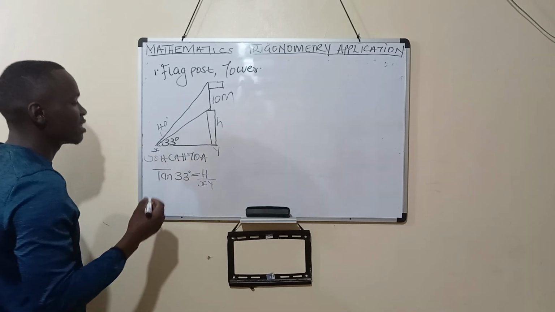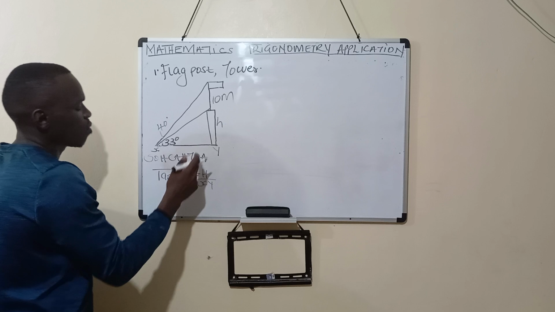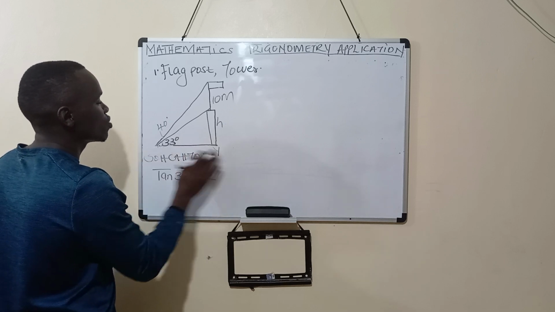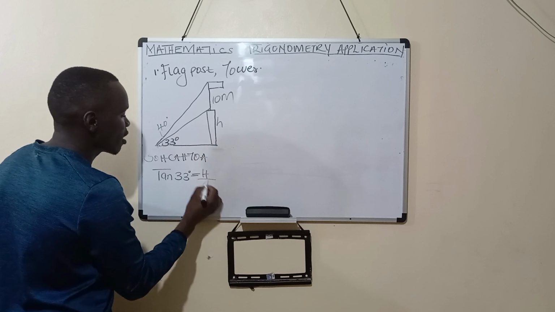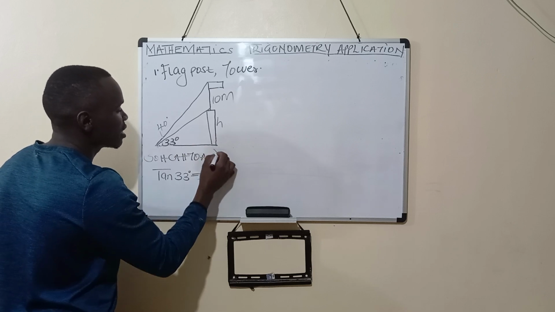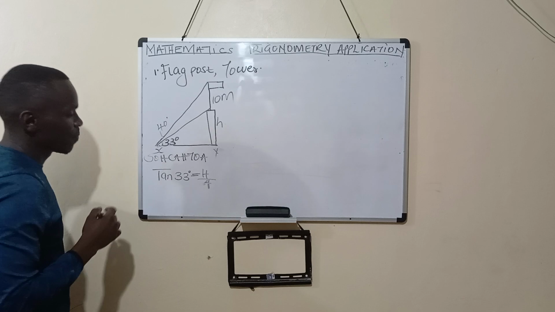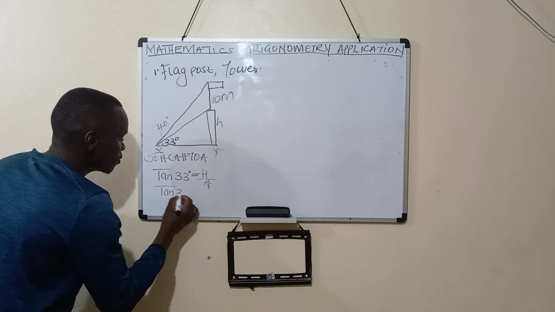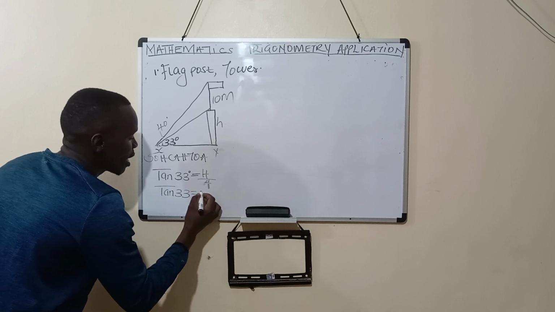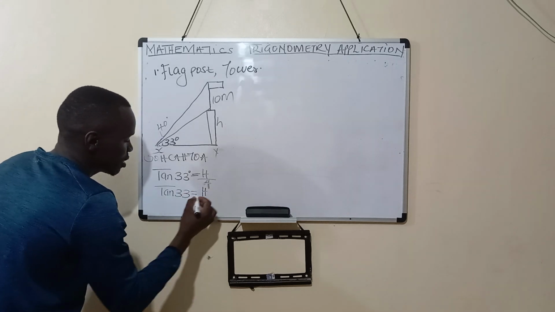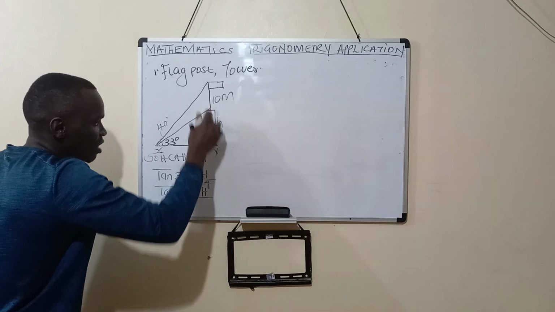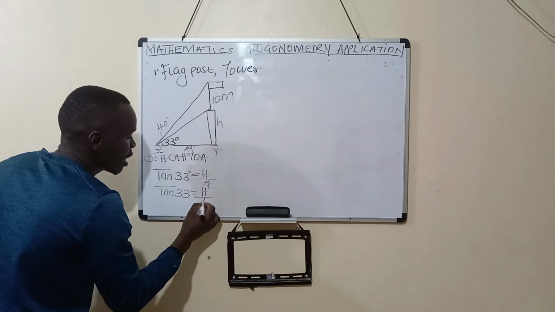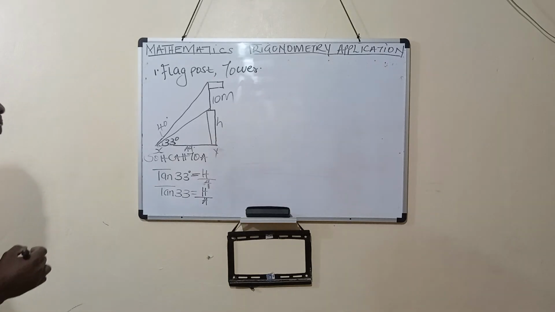Instead of xy, let me just use the letter A to represent the adjacent. So tan 33 is going to be given by the height of the tower over this adjacent here.